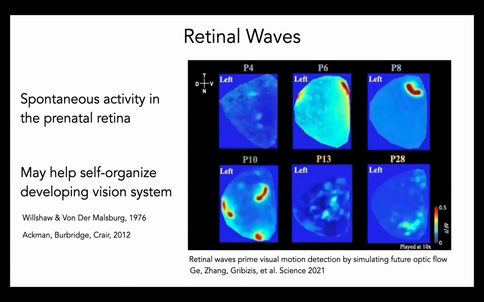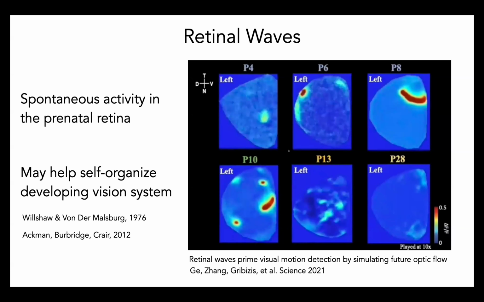The motivation for this first piece of work comes from an observation that neuroscientists have made: in the developing retina in the fetus of mammals, you get what are called retinal waves. Let me show you what they look like. This is a picture of the retina of an animal in the womb.